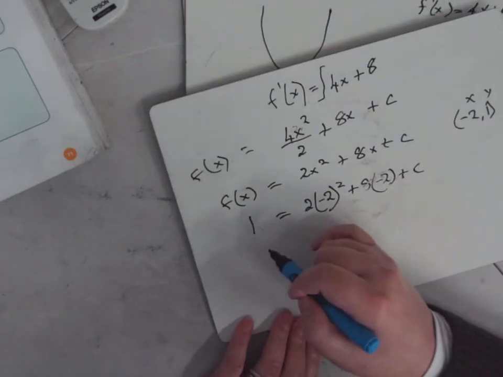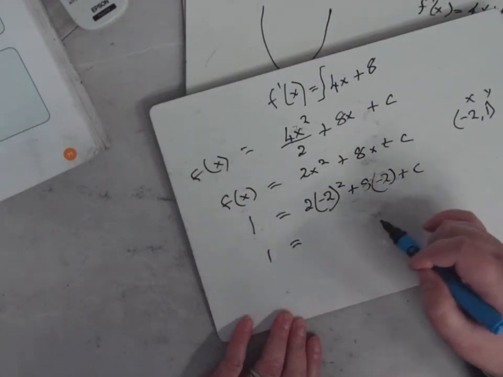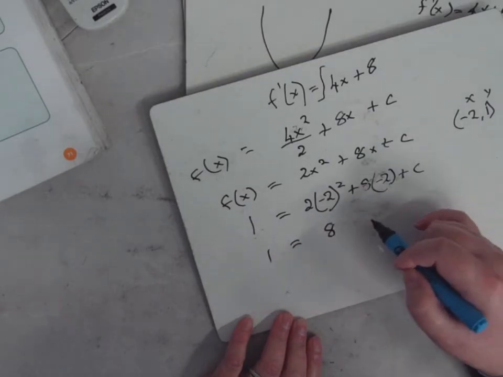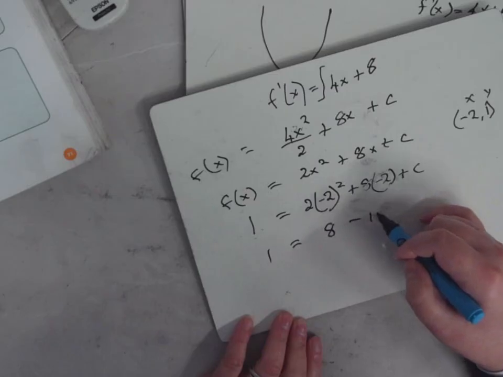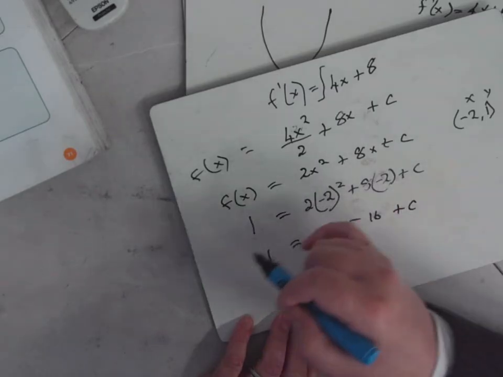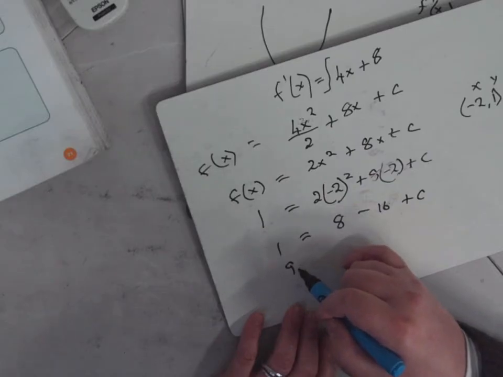That's 2 times 4 is 8. Minus 16 plus c. 8 minus 16 is minus 8.